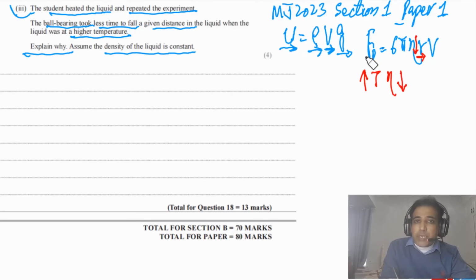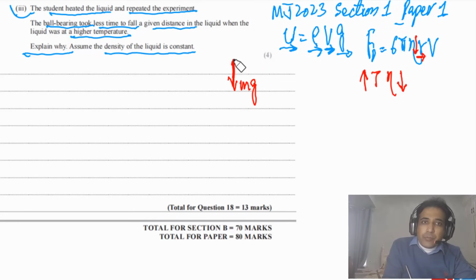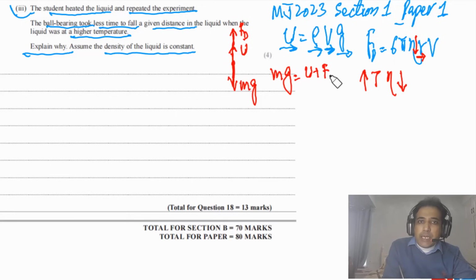So why does this drag force have to remain constant? When the ball bearing reaches terminal velocity, the weight of the ball bearing is balanced by the upthrust and by the drag force. So from here we can say mg is equal to U plus Fd.